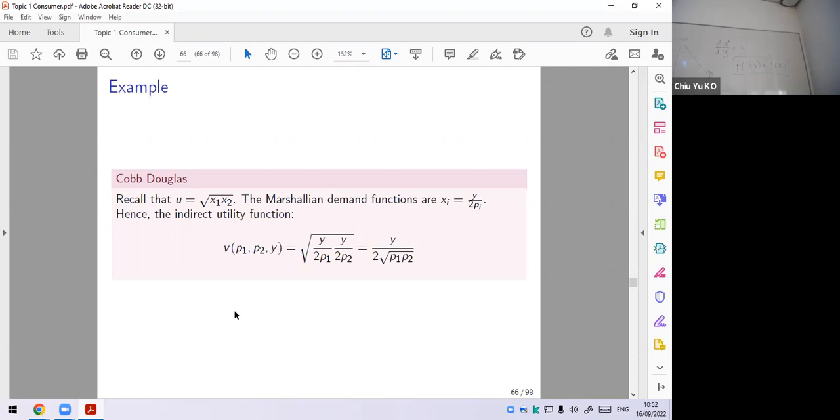And you can check Roy's identity by yourself. You can differentiate this with respect to the price and with respect to Y, and it gives you back the Marshallian demand. You check it by yourself. Is that okay?